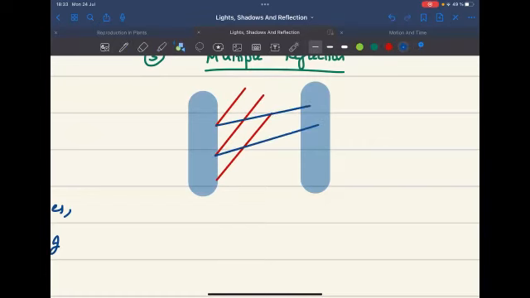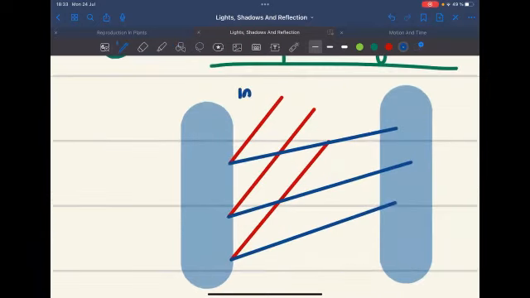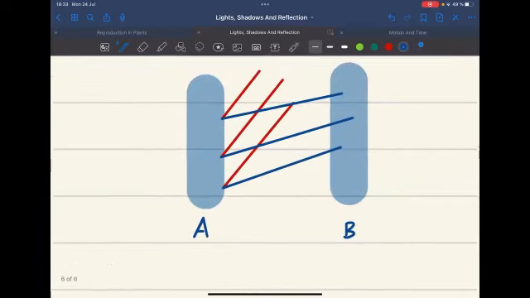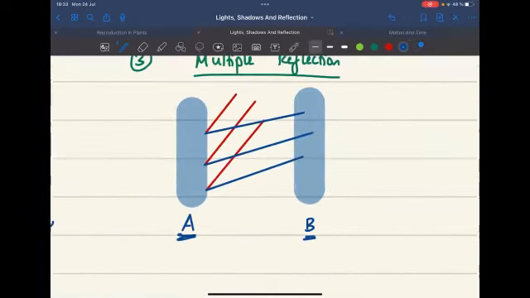This is mirror A and this is mirror B. Now this red line is the incident line for mirror A, but the blue line is the reflected light for mirror A. But the blue light is the incident light ray for mirror B. Do you get it? Yes, ma'am.